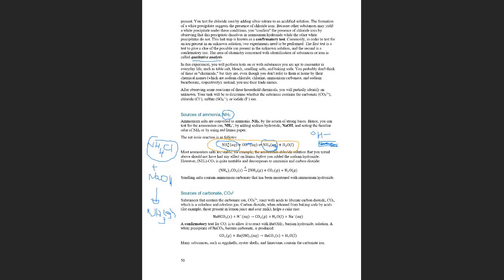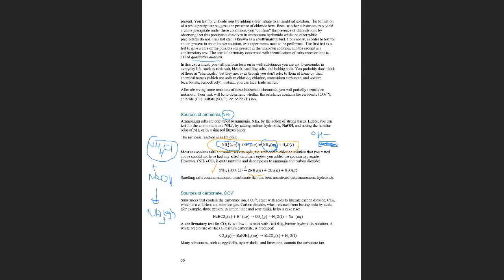But there are other salts, like they are showing here, that are not that stable. You don't need to add sodium hydroxide. Basically, you will test the formation of ammonia just by placing the litmus paper on top of the test tube.